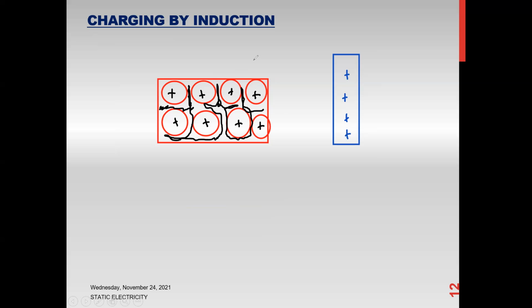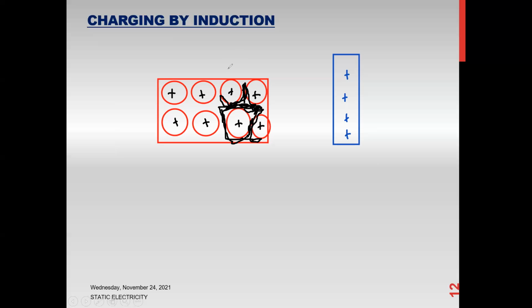These electrons, which were originally uniformly distributed, experience attraction. So it appears that the majority of the electrons shift towards the side facing the charged rod, and on the other side we find no electrons, or very few electrons.